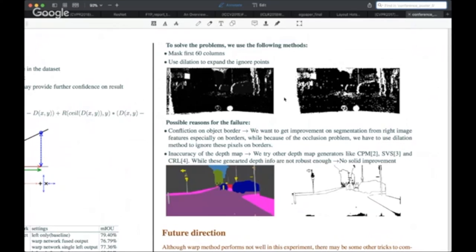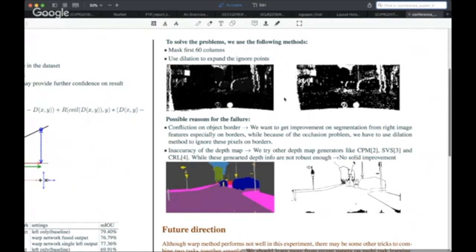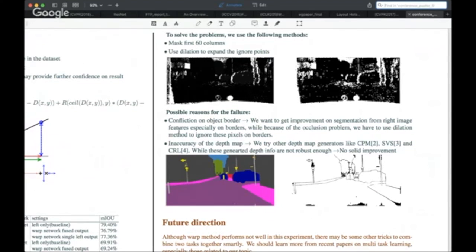However, with this kind of mask, we still cannot get improvement. So we think there may be some possible reasons for the failure. The first reason is that there may exist a conflict on the object border.